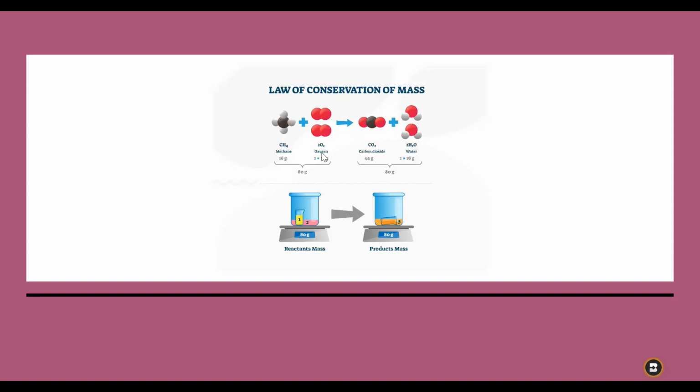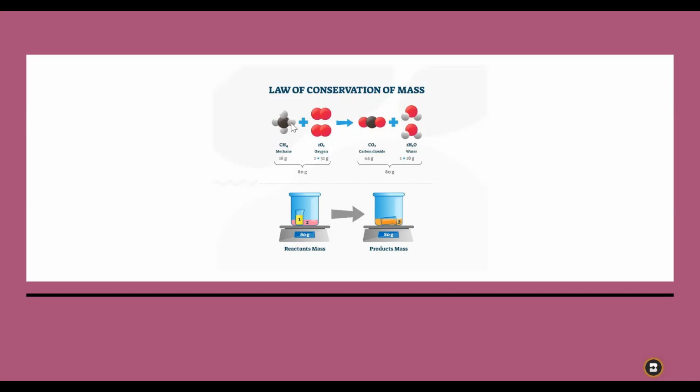Okay, hopefully you find that there are 4 hydrogen atoms on this side, 1, 2, 3, 4 hydrogen atoms on this side, and 1, 2, 3, 4 oxygen on the reactant side, 1, 2, 3, 4 oxygen on the product side.